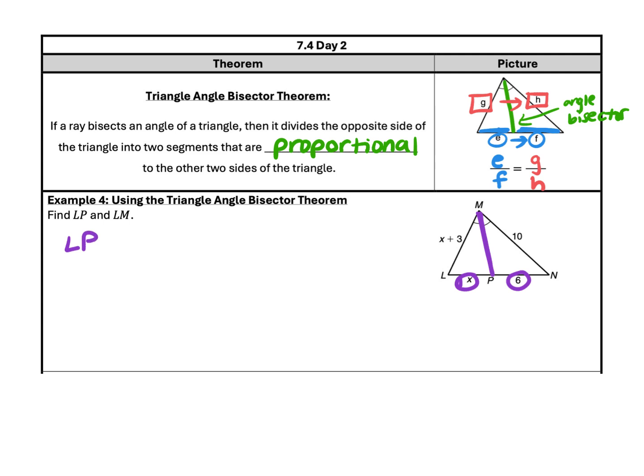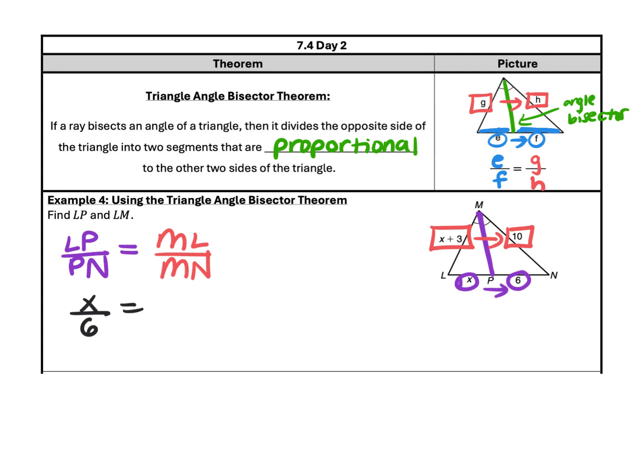So LP divided by PN has to be equal to the ratio of the other two sides of the triangle, which are these two. And again, I'm going to just start with letters. So that's ML over MN. And now when we sub in our values, that is x over 6 equals x plus 3 over 10.